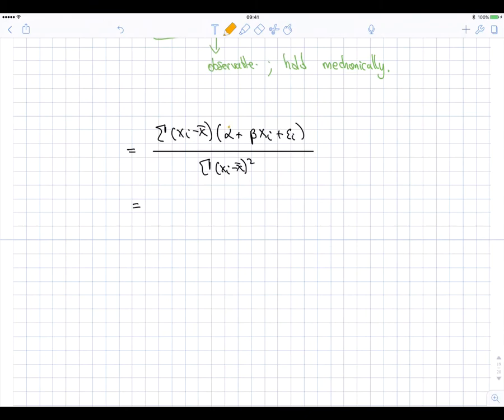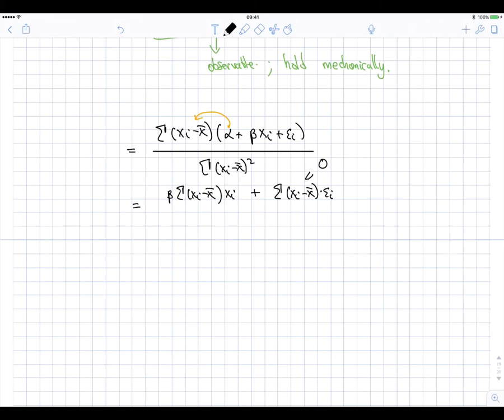When alpha multiplies with this, what are you going to get? 0, for the same principle. So then this thing here will become the sum of (xi minus x bar), beta can go out because it's a constant, times xi, plus the sum of (xi minus x bar) times epsilon i.